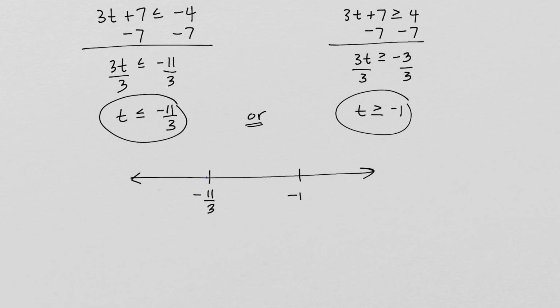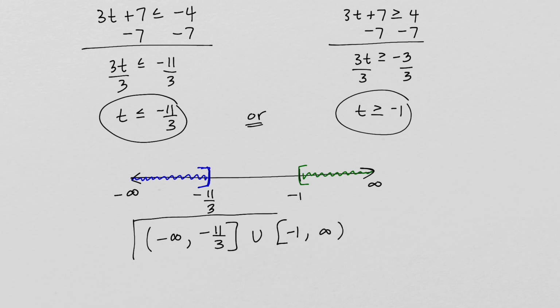And we want all the numbers that are less than or equal to -11/3 or greater than or equal to -1. And so again, remember, you have infinity and negative infinity. And so in interval notation, we're going to use the union symbol. And this is our final answer.